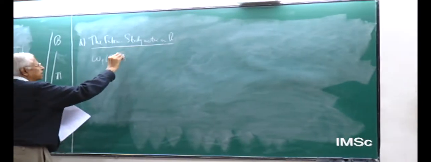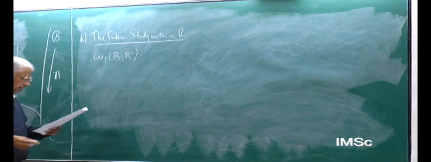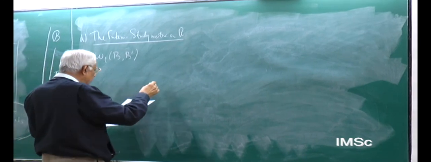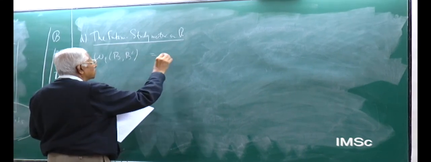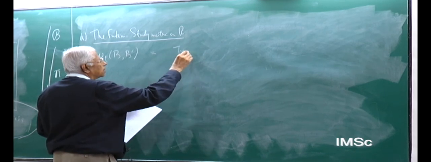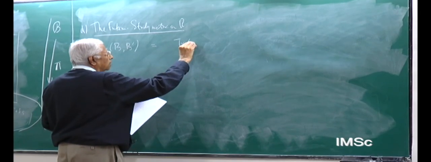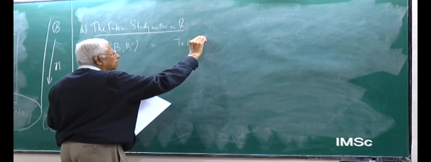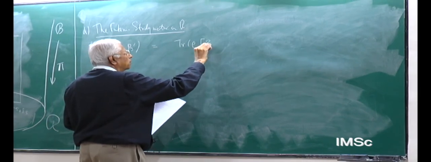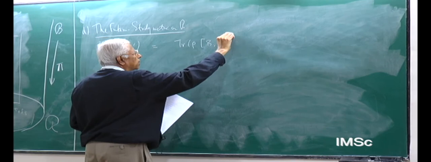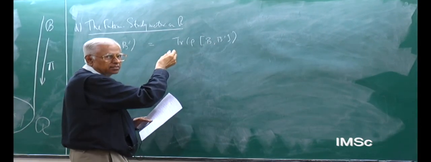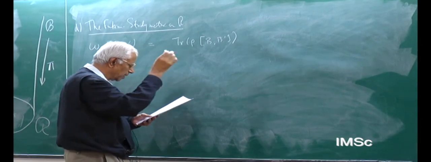We already had an expression for a symplectic structure on a pair of tangent vectors. Can you remember what it was? It was B and B prime, and I or minus I or something, or half, or something is there.